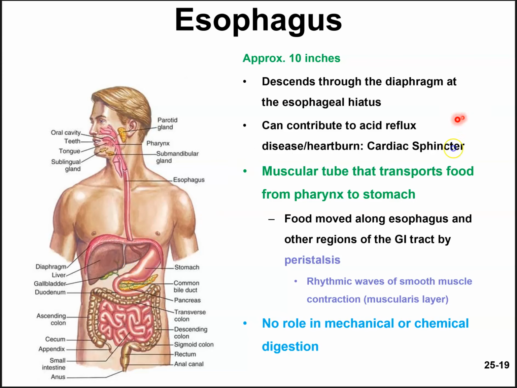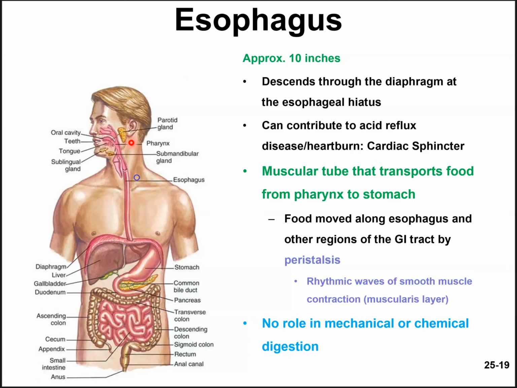And the cardiac sphincter itself, which is right over here, can contribute to acid reflux or heartburn. Heartburn has nothing to do with the heart itself, but is the regurgitation of stomach acids into the esophagus and the sensation of burn that follows after it.